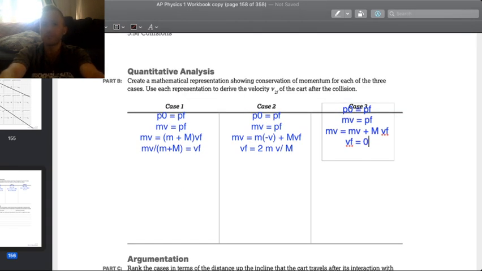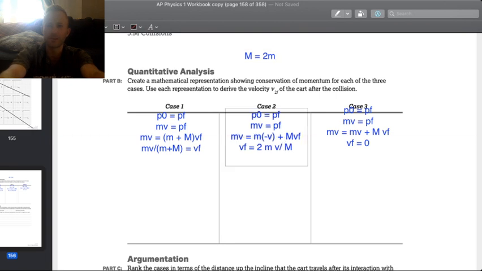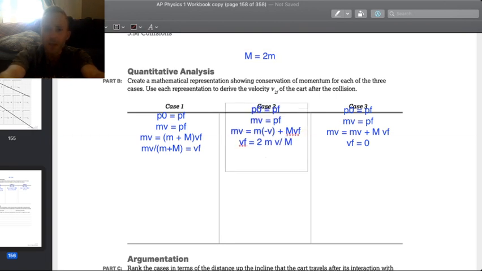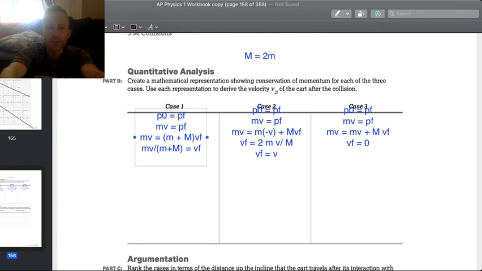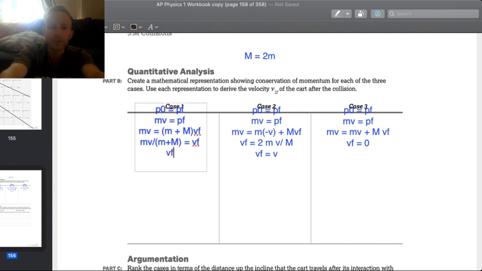For simplicity, because it said big M is greater than little m, let's just say that big M is equal to 2 little m. So what would that give for this case? That would give us V final equals v. This one would give us V final equals v over 3.